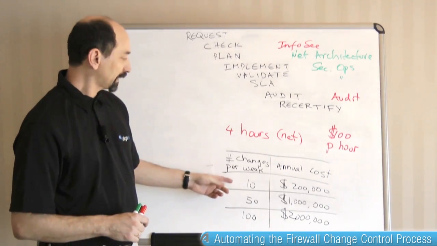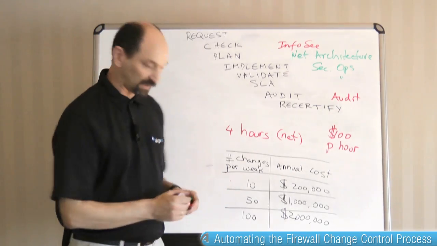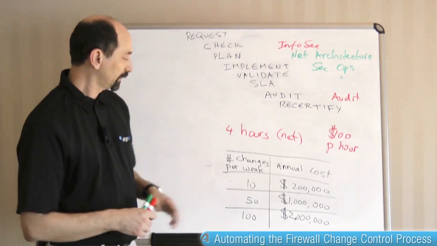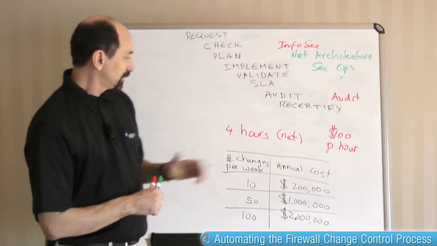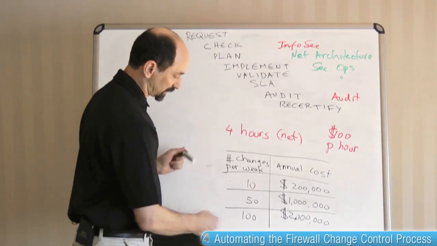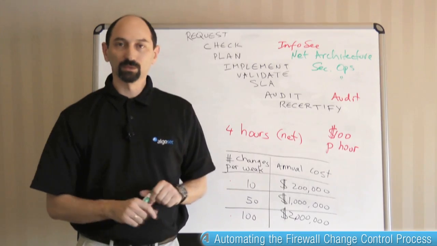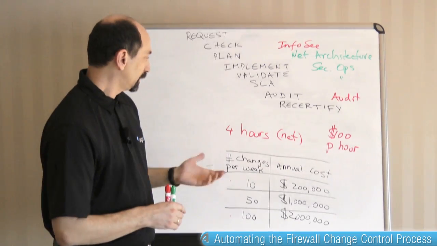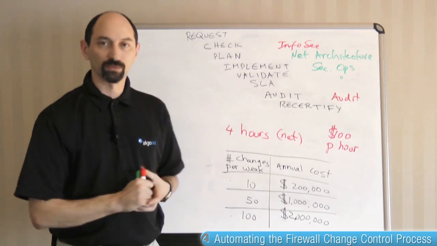So if you're a small organization that only processes somewhere in the vicinity of 10 changes per week, you're looking at a $200,000 expense per year. If you're a busy organization that processes 100 changes every week, you're easily looking at a $2 million cost just for the operational aspect of working this workflow.